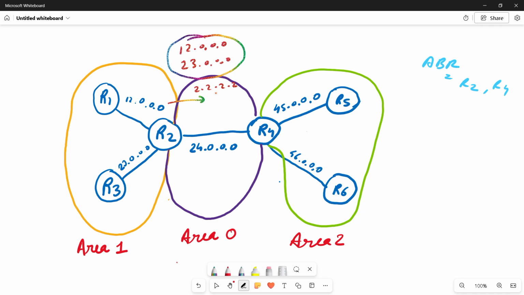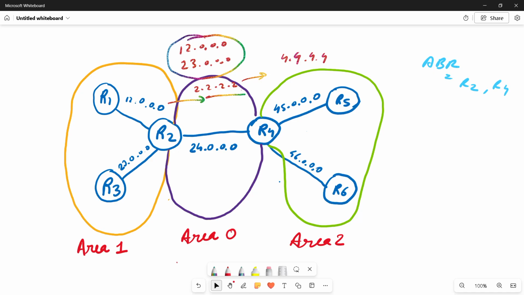But when R2 is further sending it to R4, and R4 is propagating it to its own area 2, it changes the router ID from 2.2.2.2 to 4.4.4.4. Let me revise what I said.